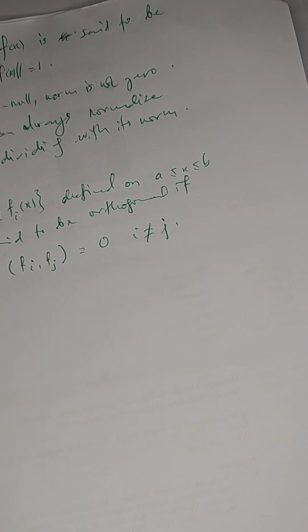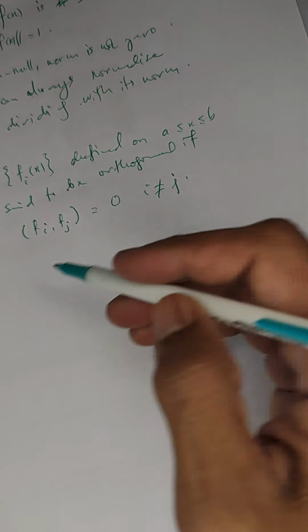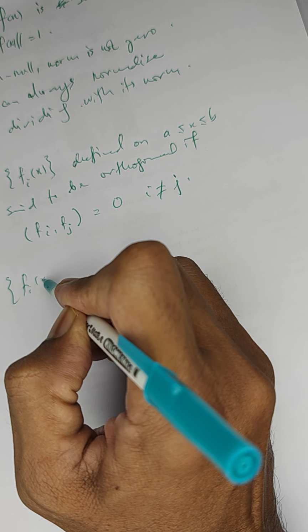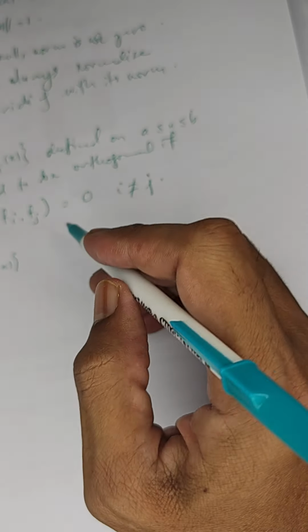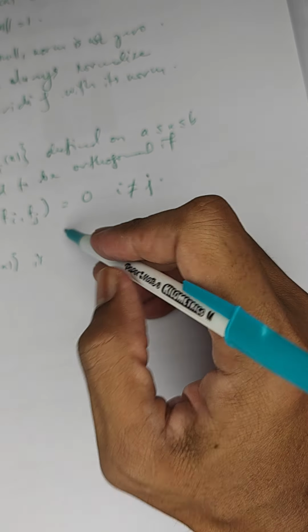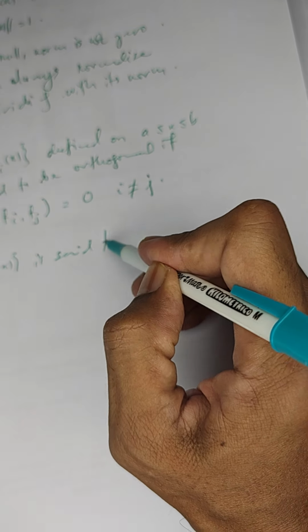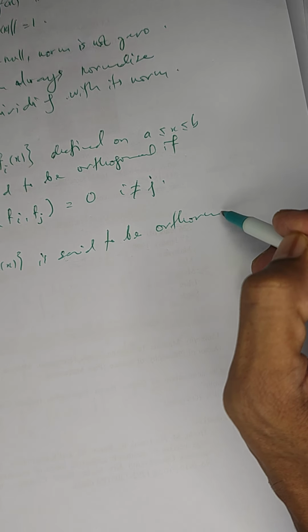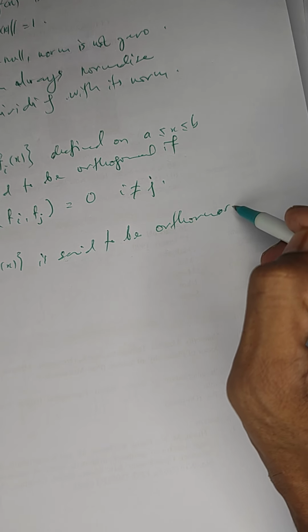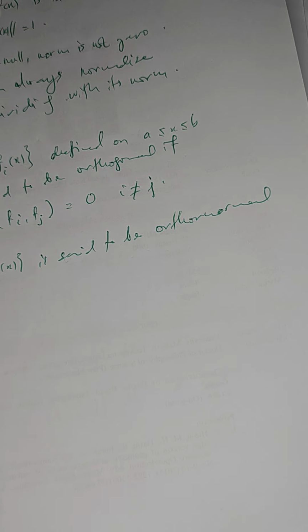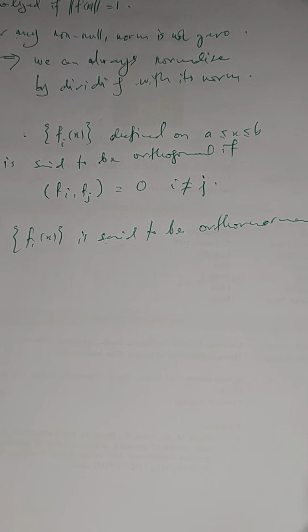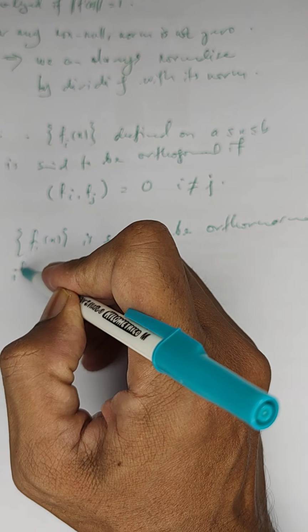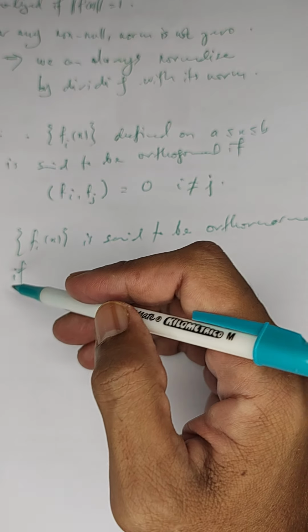For the orthonormal, the set f_i(x) is said to be orthonormal if it satisfies these two conditions.